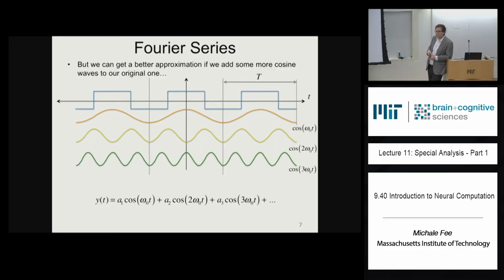Does that make sense? Okay, so now we can approximate any periodic function, in this case any even or symmetric periodic function, as a sum of cosines of frequencies that are integer multiples of omega naught, and each one of those cosines will have a different coefficient.